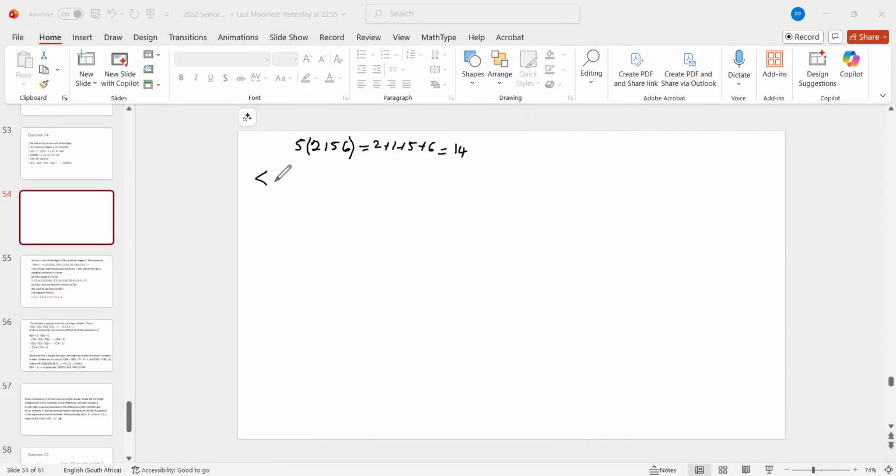I usually put a less than sign to denote a sequence. Okay, so you have S of n. When you add the digits, the one-digit numbers don't change. The first change occurs when you come to 10. S of 10 is 1 plus 0. And after that, it keeps increasing.